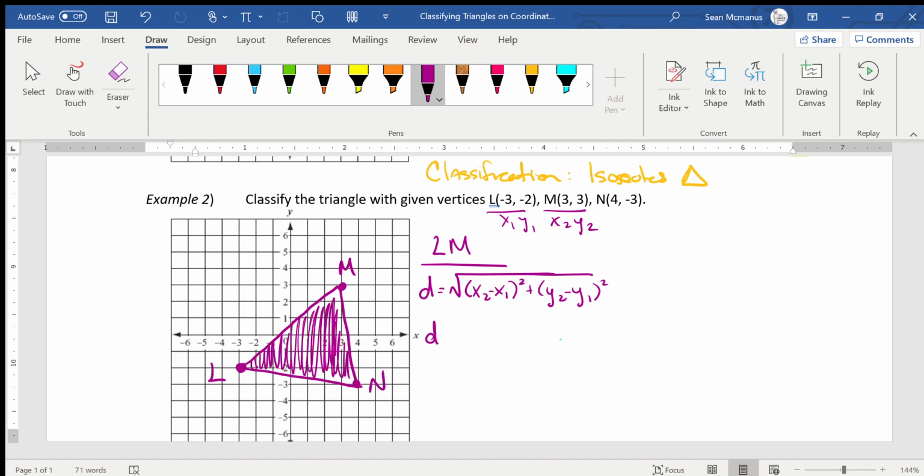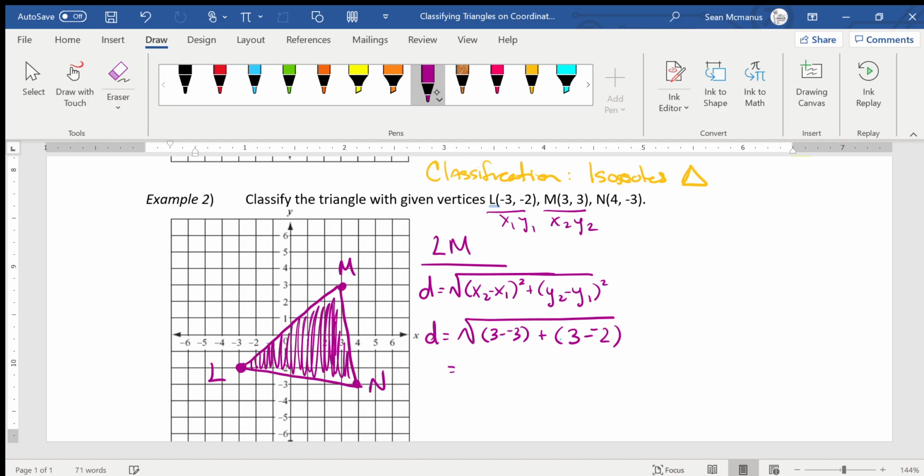So the distance for those is the square root of x2 minus x1. So x2 is 3 and x1 is -3. So 3 minus -3, plus y2, which is 3, minus y1, which is -2. So we have two negatives, which is going to make a plus.